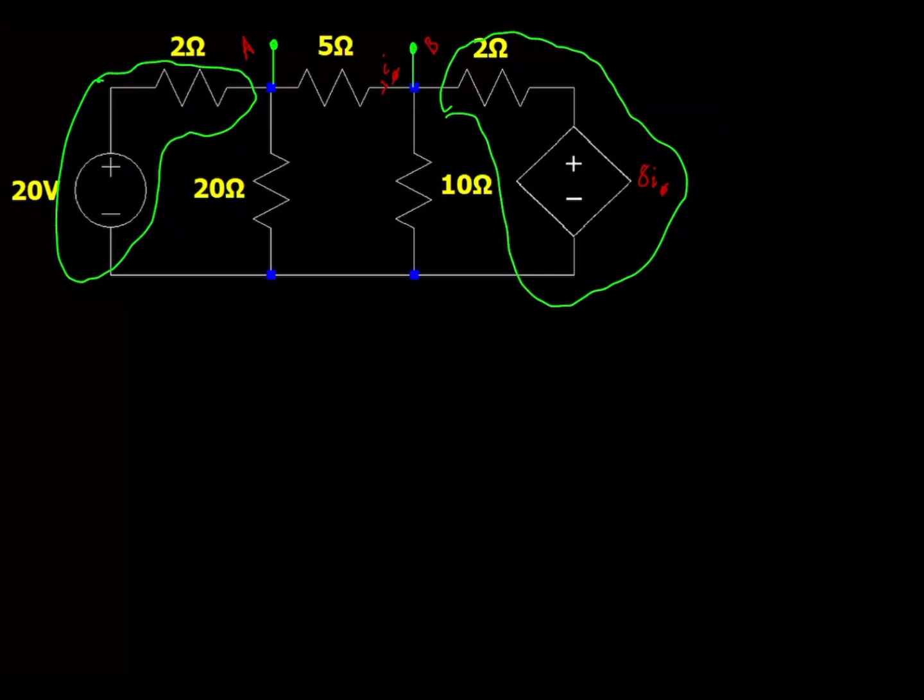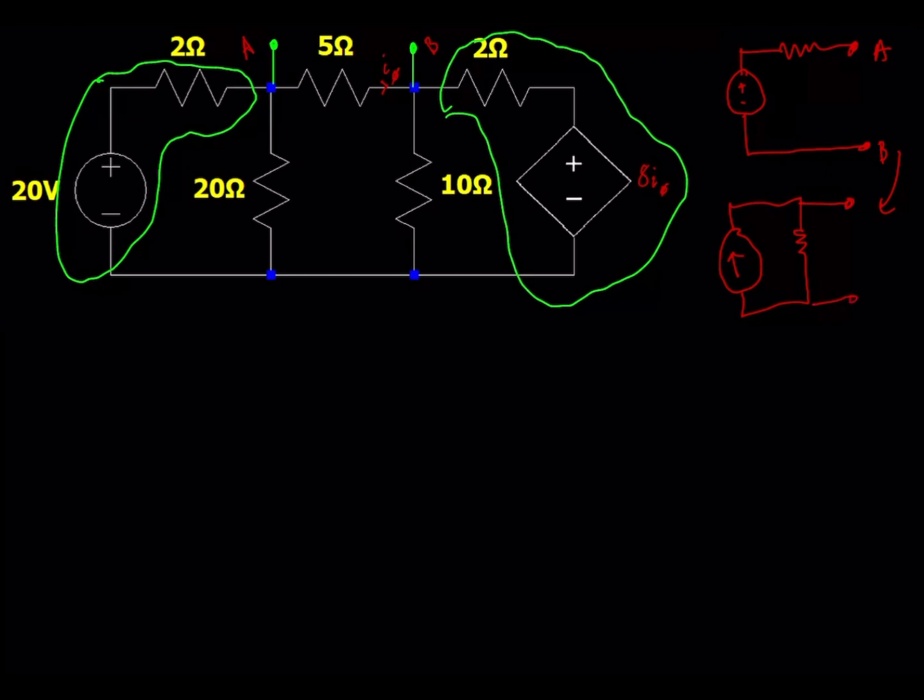Now, if we recall, source transformation basically says that if you have some independent voltage source in series with a resistor, you can always mimic this kind of terminal behavior and substitute in an independent current source in parallel with the resistor. And you have to do a little bit of manipulation with the values.